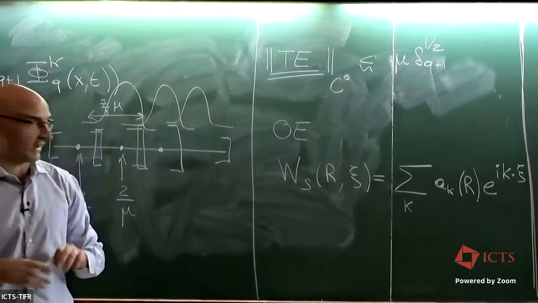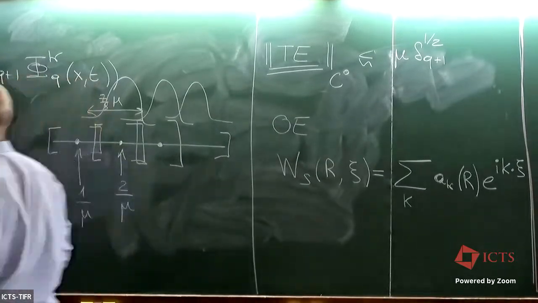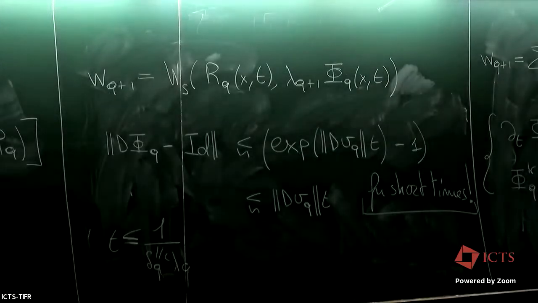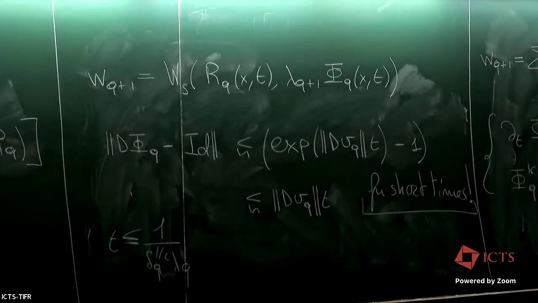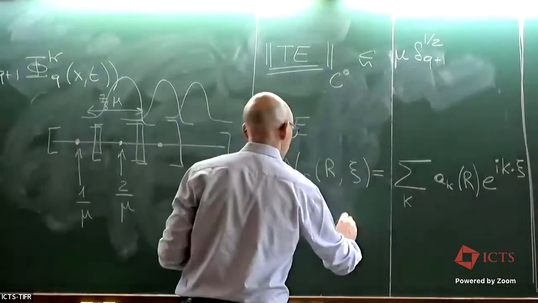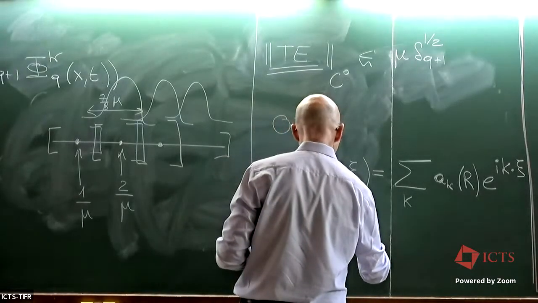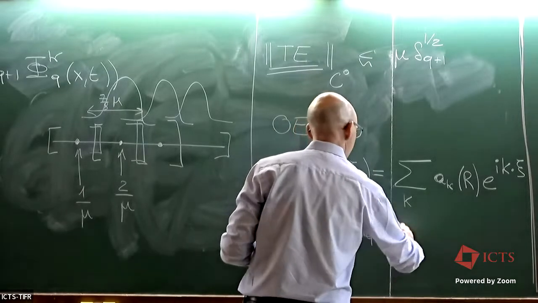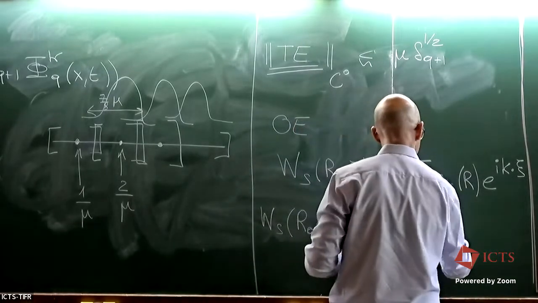This was perfect, right? So now, if I didn't have to actually compose with the flow, I had exactly this shape, and I had, like, lambda q plus 1 x. So when I do this, I really have what I want, which is this guy.